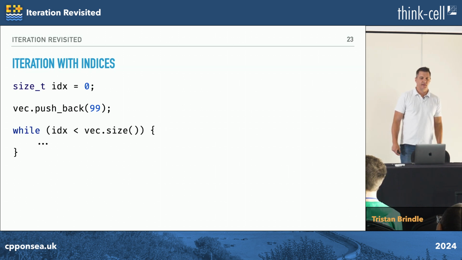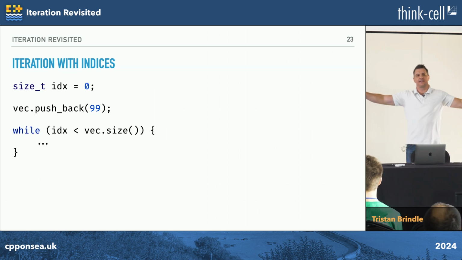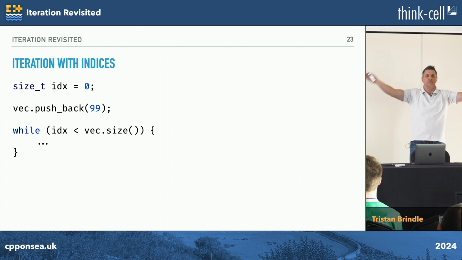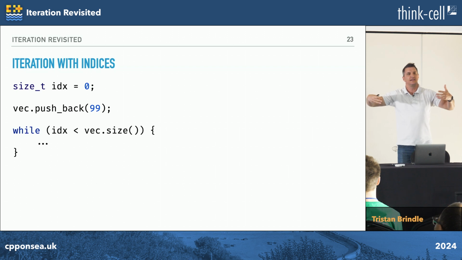Everything is fine. Now, this doesn't mean that you can't have index invalidation. So if we had a vector of size 1000 and we're holding index number 900, and then we resize the vector so it's now size 10, our index is out of range. But the next time we try and read, it's going to be bounds checked.